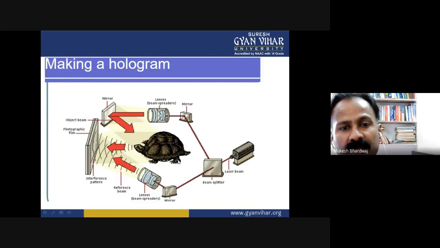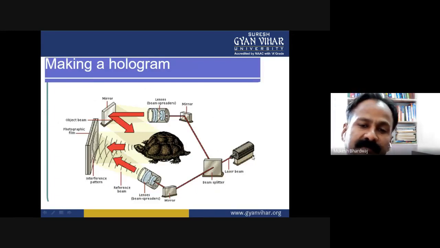Making a hologram: a laser beam is incident on a beam splitter, and this beam splitter diverts the beam in two directions. They strike the mirrors, then the beams pass through lenses, beam spreaders, and strike a mirror.